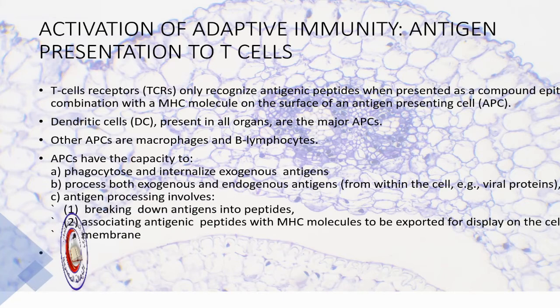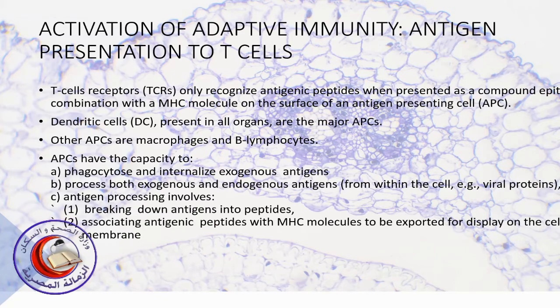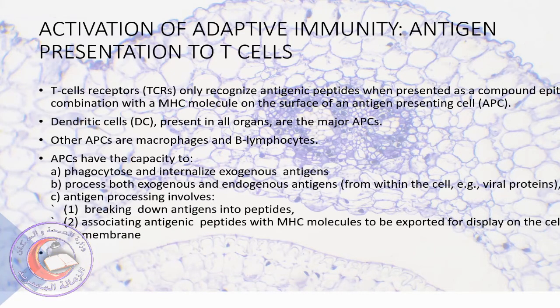Antigen-presenting cells have the capacity to, 1, phagocytose and internalize exogenous antigen. 2, possess both exogenous and endogenous antigens, endogenous meaning from within the cell, such as viral proteins.